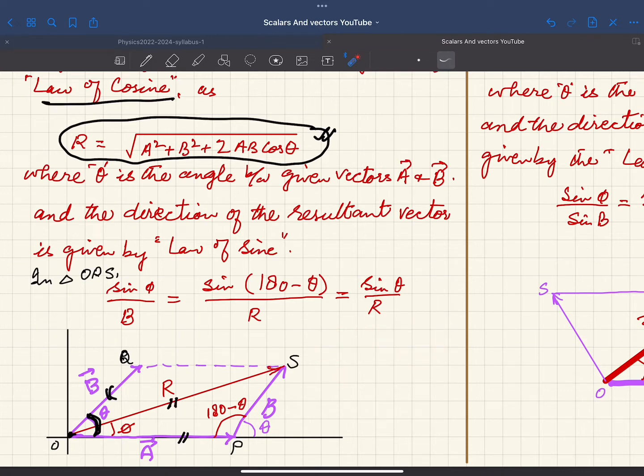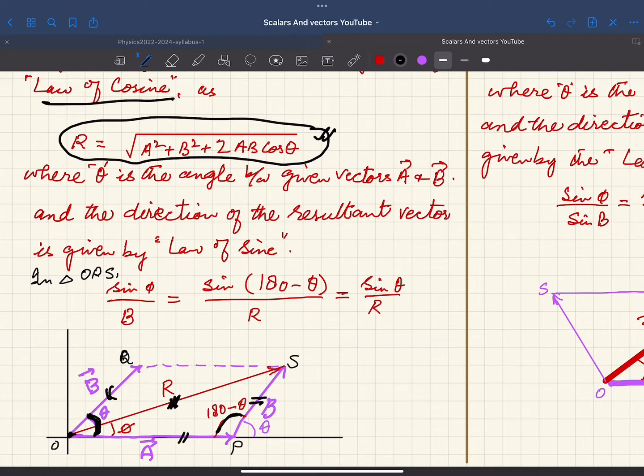But if you are considering this angle, then of course you have to consider sine of 180 degrees minus theta, and this will be your angle here. And of course, what is the situation? This angle is opposite to your resultant vector, and this particular side is opposite to theta.